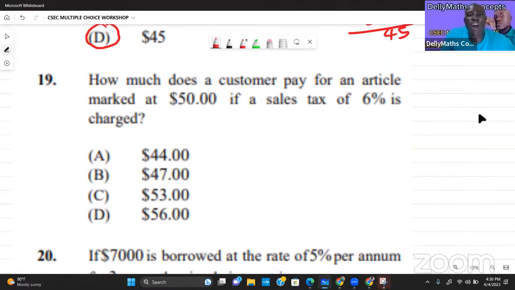How much does a customer pay for an article marked at $50 if a sales tax of 6% is charged? Now, there are two approaches that I would give here, right? I could say to you, this is a multiple choice test, which means that there are certain fundamental principles laid down in order to work without a calculator.